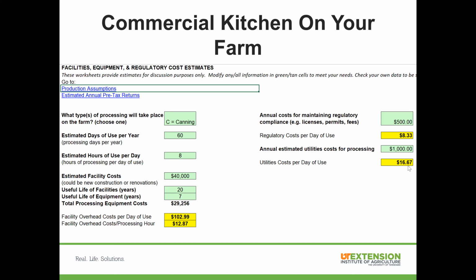So I see that we have a question here about, are you required to use a commercial kitchen? And that depends on the product that you're wanting to make. If you are allowed in Tennessee to make non-potentially hazardous products in your home kitchen or domestic kitchen, you could make the cookies that we just had in the last example.